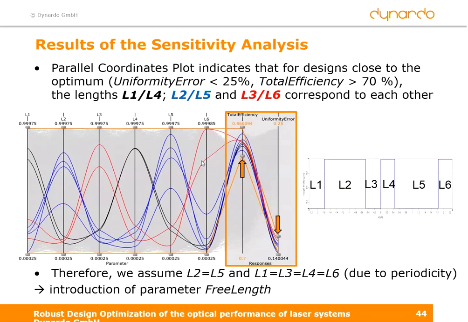So we therefore assumed that L2 is equal to L5 due to periodicity. It doesn't matter if we say L1 is equal to L4, or we just say L2 is equal to L5, and the others are also equal to each other. So by doing that, we could introduce only one parameter, which is called free length, instead of these 5 parameters.